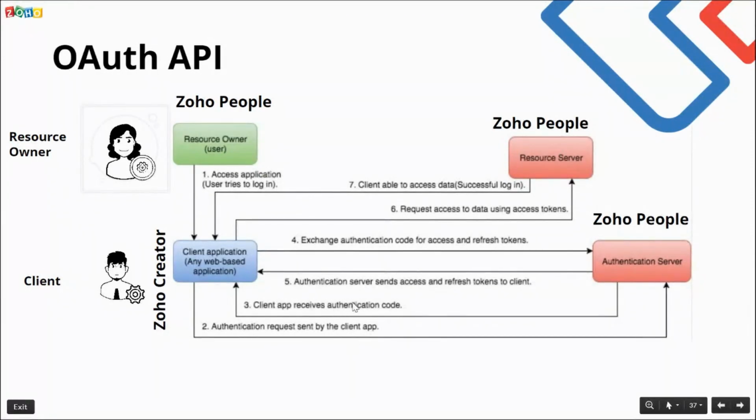With this as a base, the authentication server would also produce the access token and refresh token. Gabriel can use this access token and refresh token to request access to the data in the resource server. This is how the flow goes.